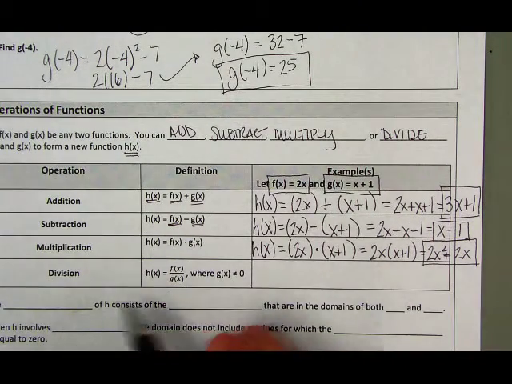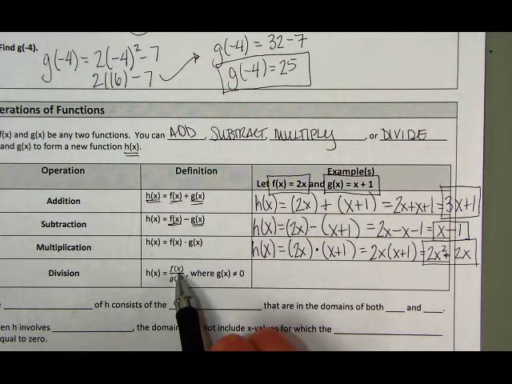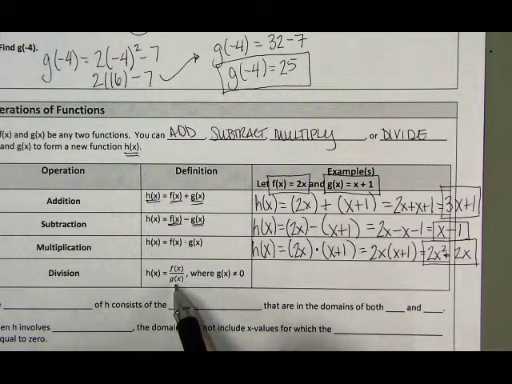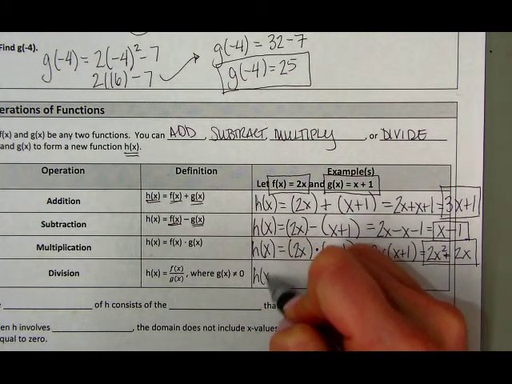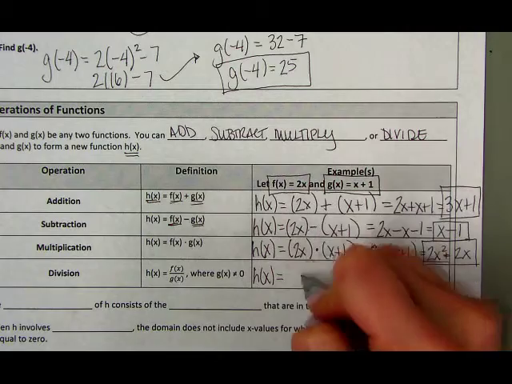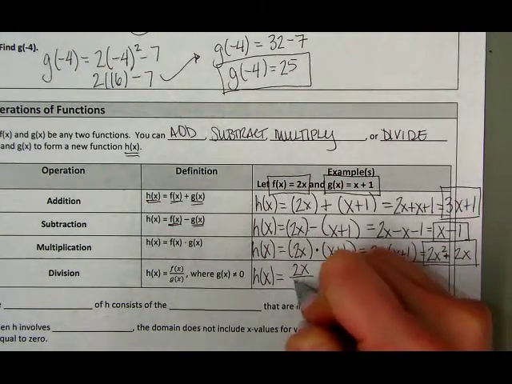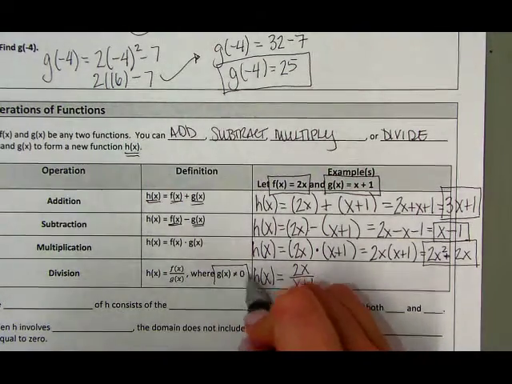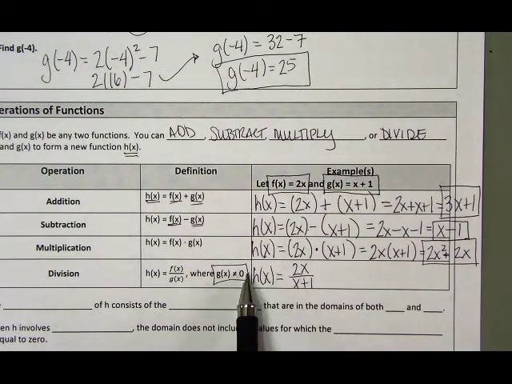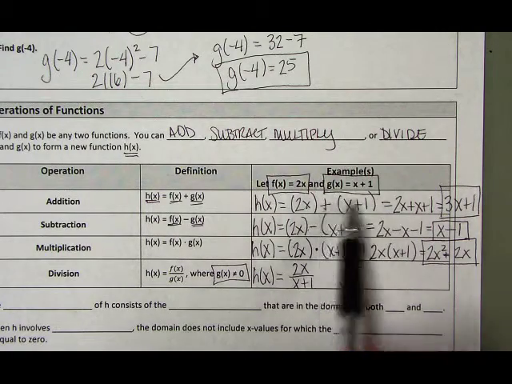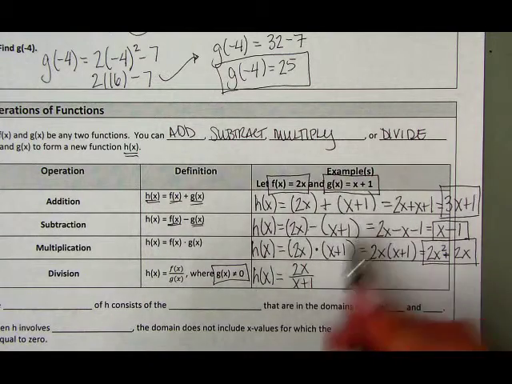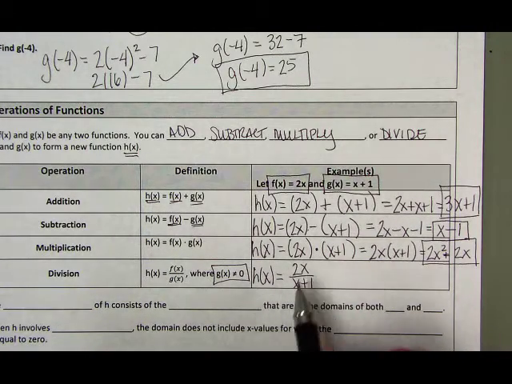Last one, division. My first function, f of x, is going on top as my numerator. My second one is g of x, which is going in the denominator. So my new function, h of x, is equal to 2x over x plus 1. Now you have to be a little bit careful here, because we know that if we have a fraction, my denominator can't be equal to 0. So the whole function g of x cannot be equal to 0. Since my whole g of x function is x plus 1, what would I have to plug in for x that would make this whole denominator equal to 0?